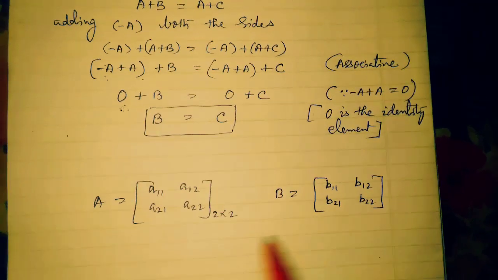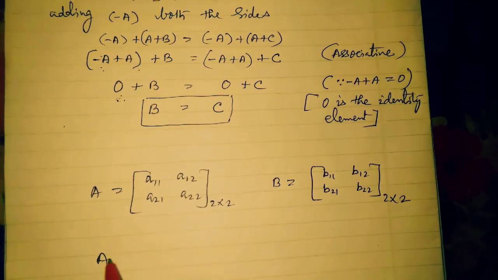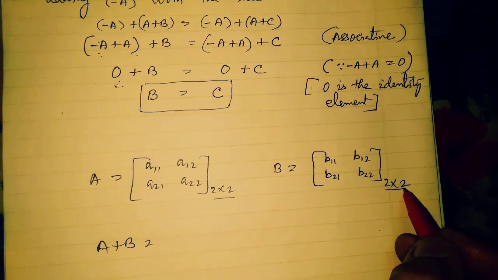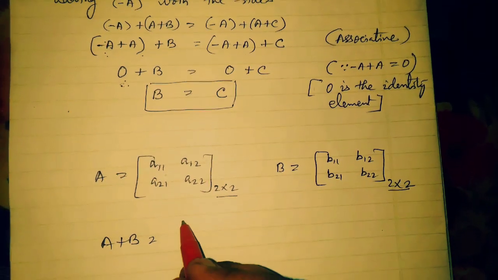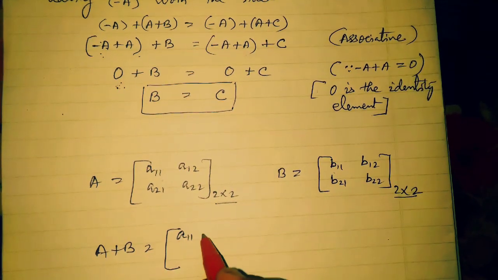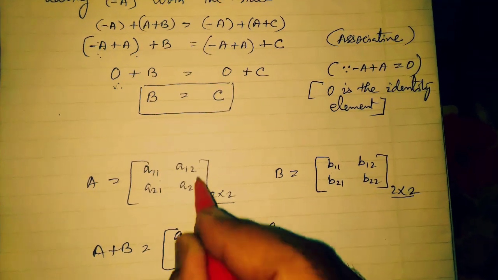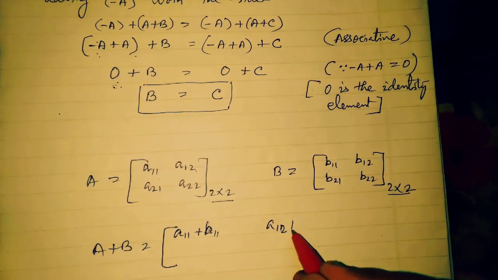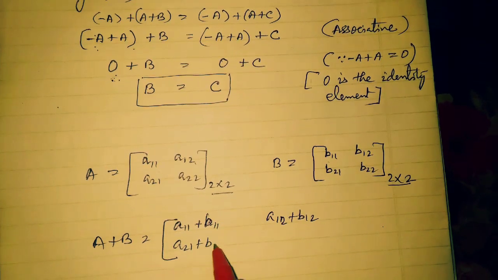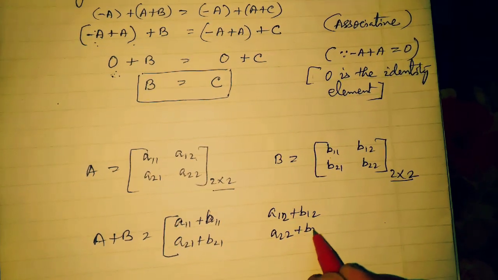When you add A and B, this is also a 2 by 2 matrix. You can add A and B only if the order is the same. A11 is added with B11, A12 with B12, A21 with B21 and A22 with B22.